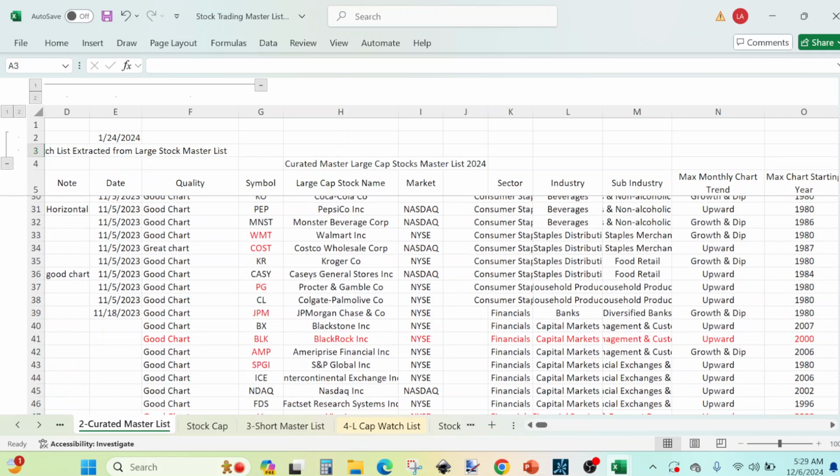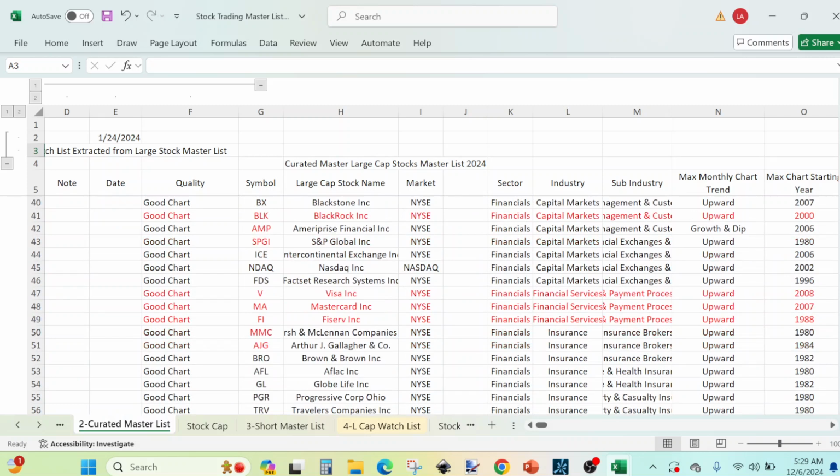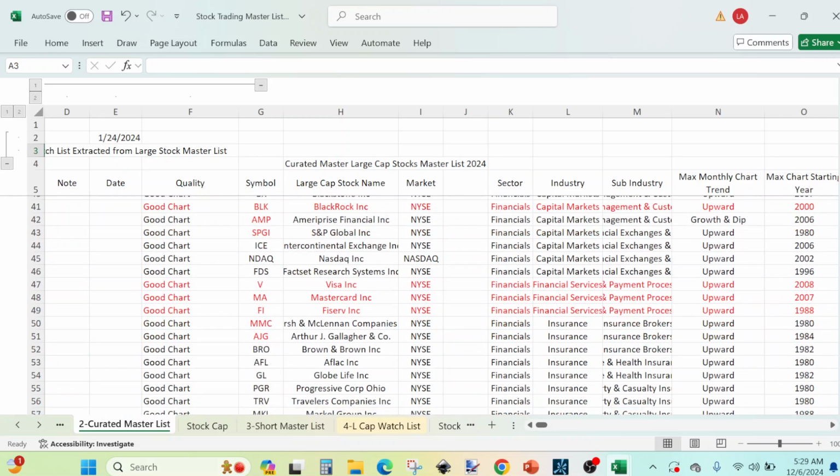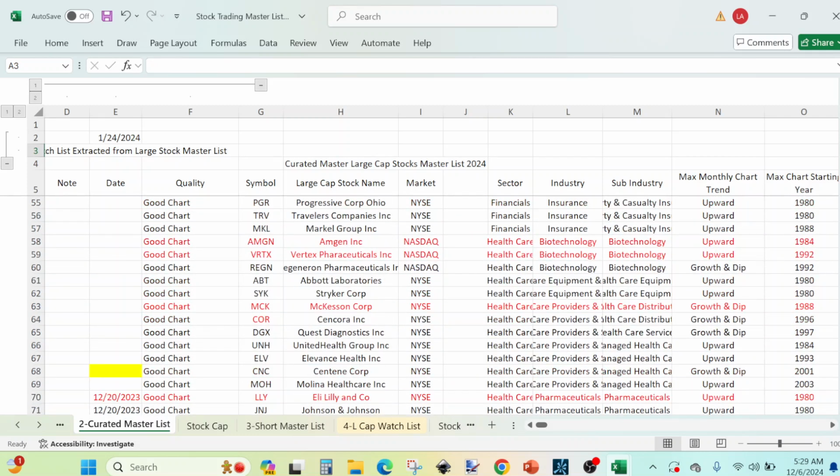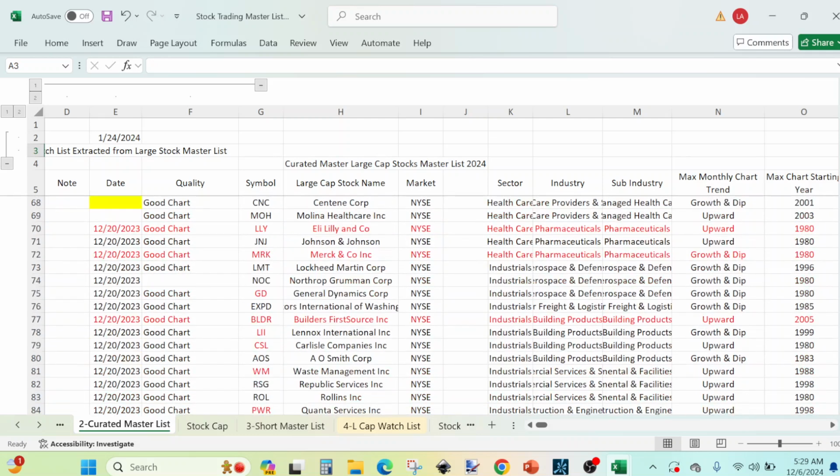Which ones you think you'll be able to understand the pattern of, that you want to give a try.